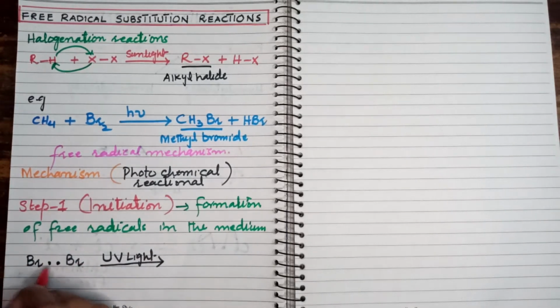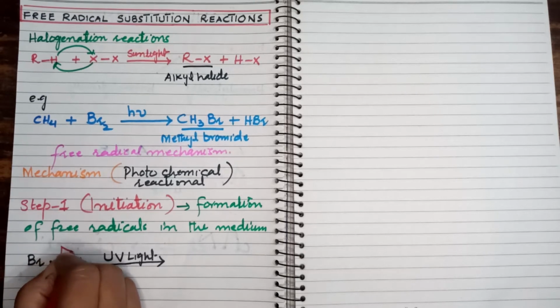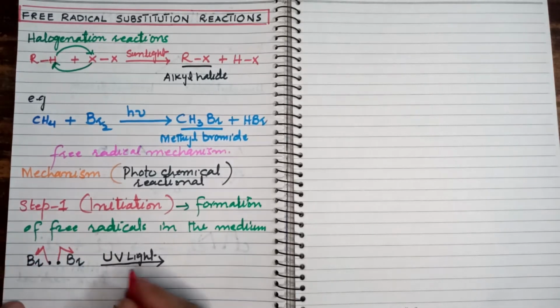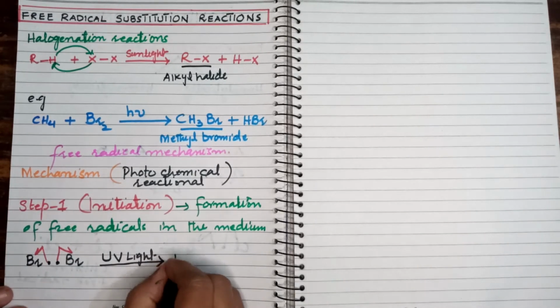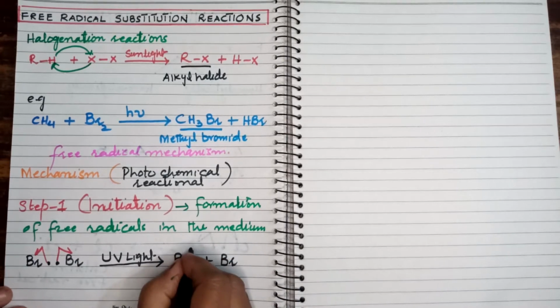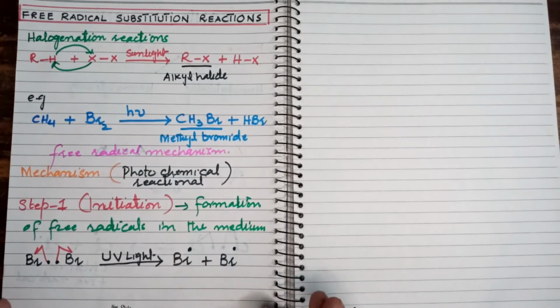The single covalent bond between the two bromine atoms is homolytically cleaved, in such a way that both bromine atoms have a single electron on them. Now, we show the transfer of a single electron with the help of half curly arrows, right? So after the reaction, we have bromine free radicals in the medium. In this way, free radicals are formed in the medium.